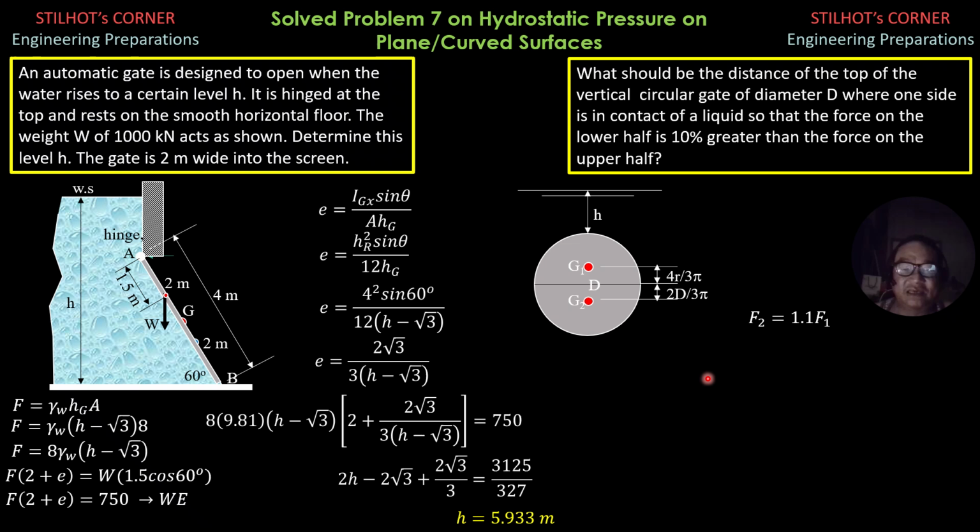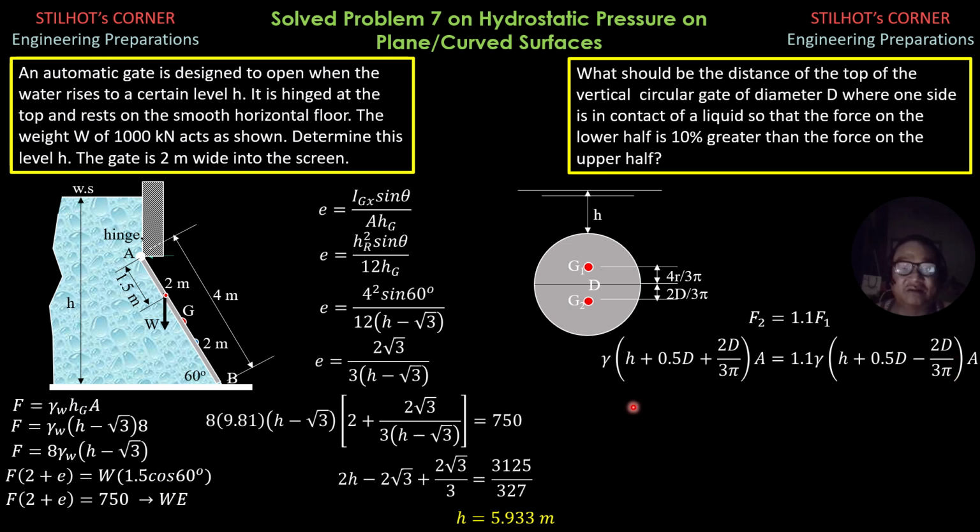So that is gamma times quantity h plus 0.5d plus 2d over 3 pi, times area. The area of the lower half, I just call it A. The area of the upper half is also A. So this equals 1.1 of gamma times HG1, which is h plus 0.5d, then minus, going up, 2d over 3 pi, which is 4r over 3 pi, times A.